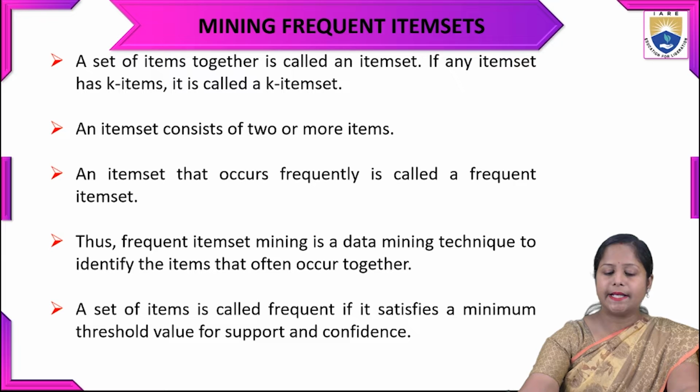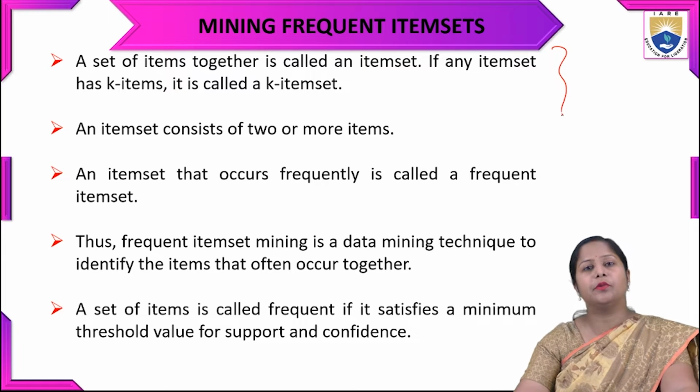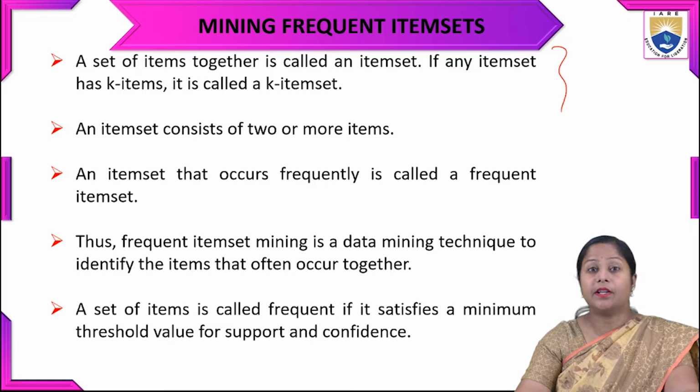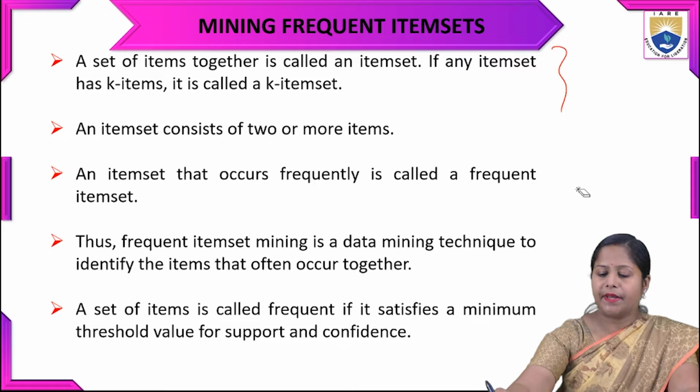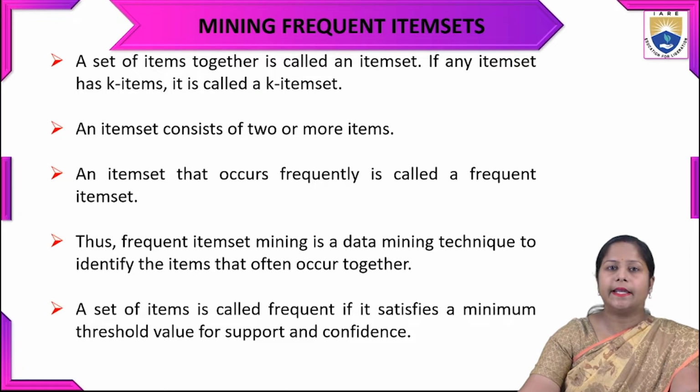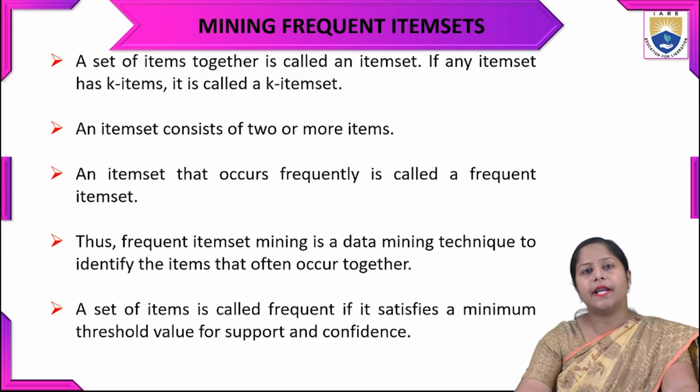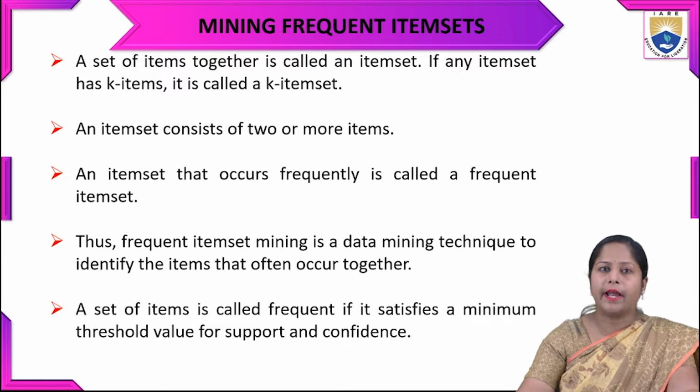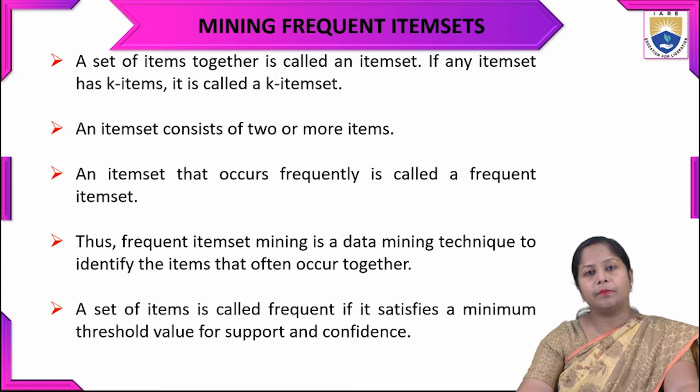A set of items that will be together will be called an item set. If any item set has k items, that is called a k item set. Means if one item is there, that will be called a one item set, so that will be replaced by k.